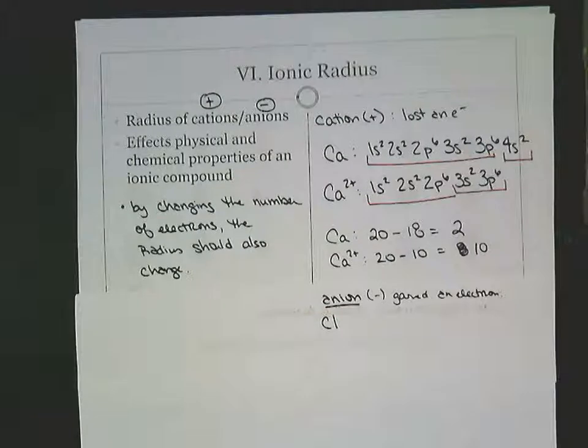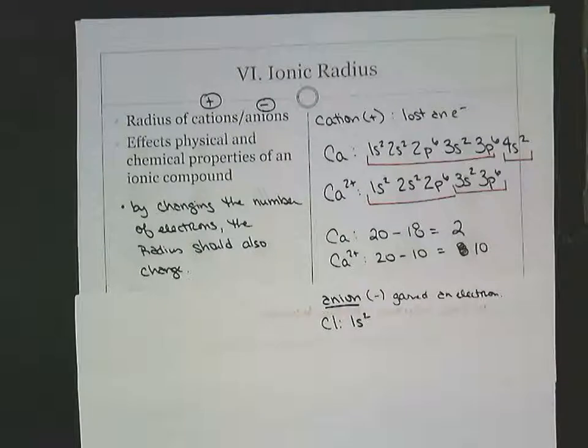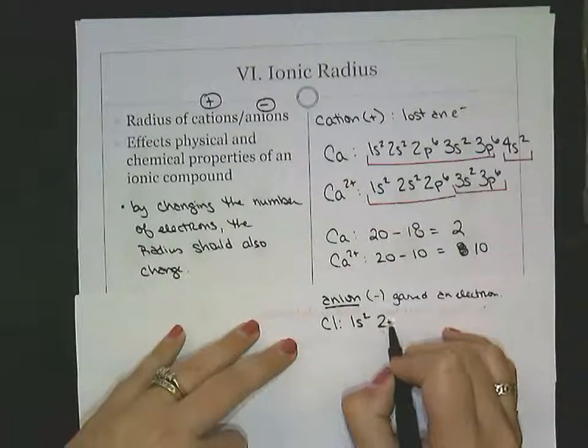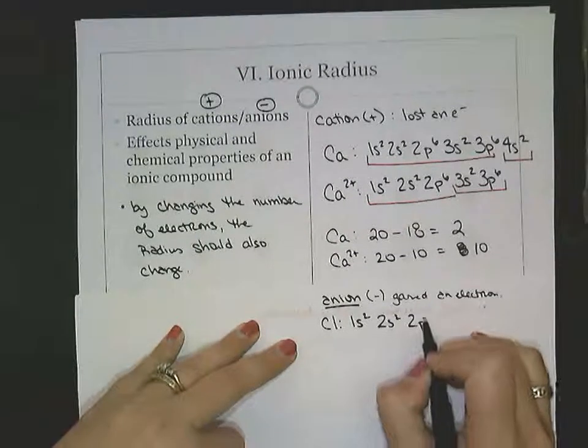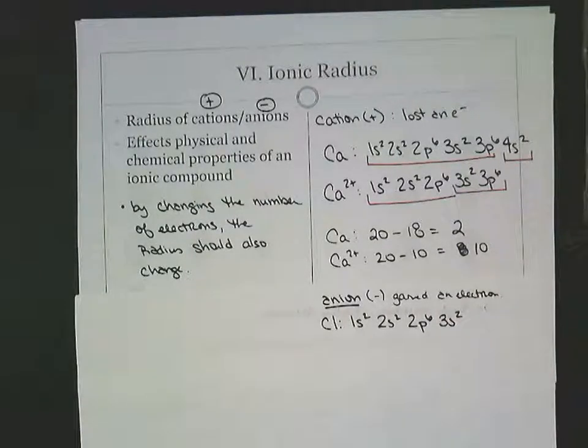How many electrons should chlorine have if it's number 17? 17 electrons. What should the first orbital be called? 1s2. Then 2s2, 2p6, 3s2, and then 3p5.